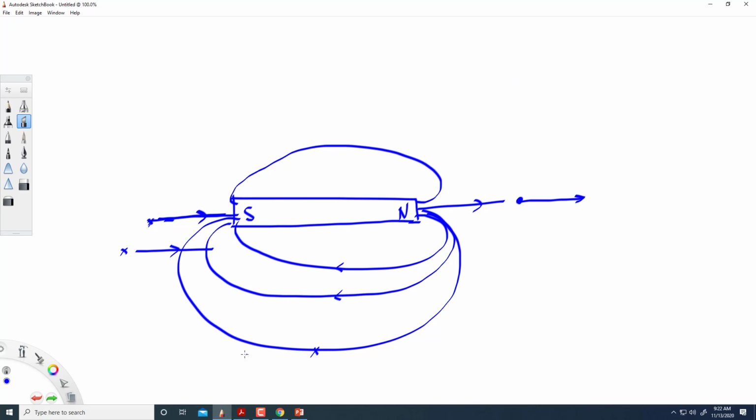So you need to draw a tangent at that point, and that will give you the magnetic field direction. Here to the right, and down here to the left. That's the direction of magnetic field.